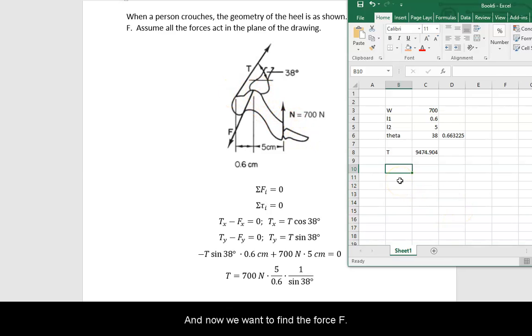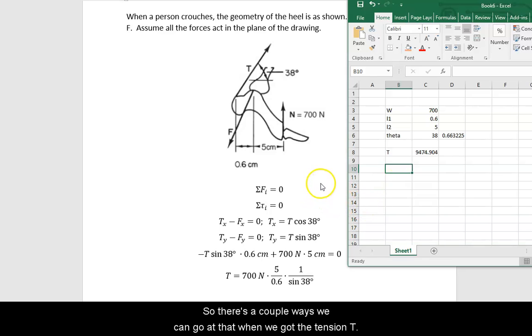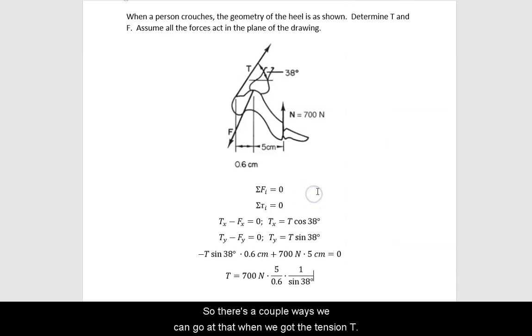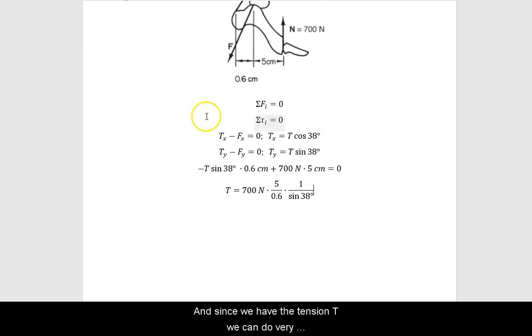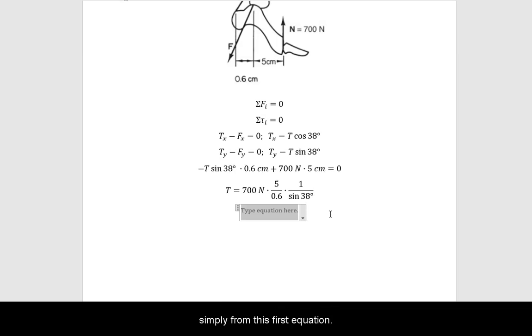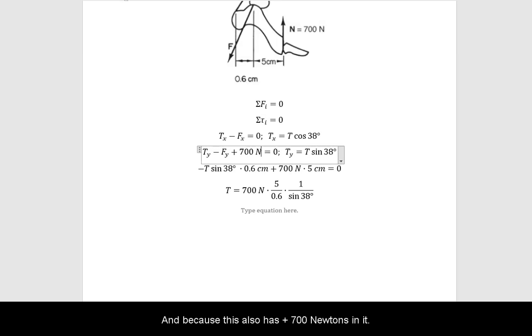And now we want to find the force F. There are a couple of ways we can go at that. We've got the tension T, and since we have the tension T, we can do this very simply from the first equation. I made a mistake here, because this also has plus 700 newtons in it, my bad.